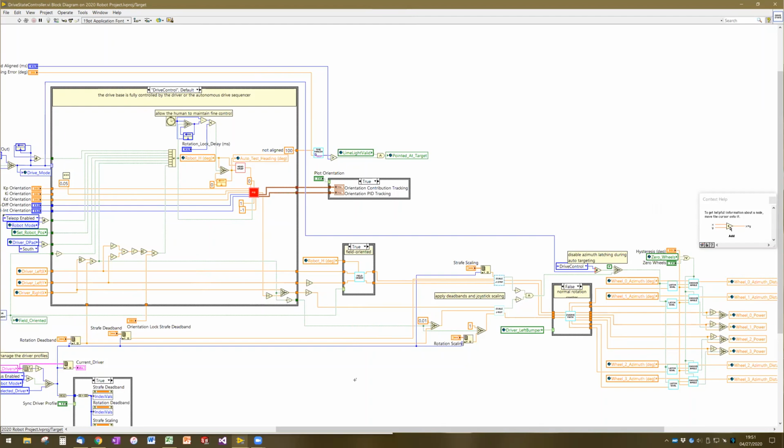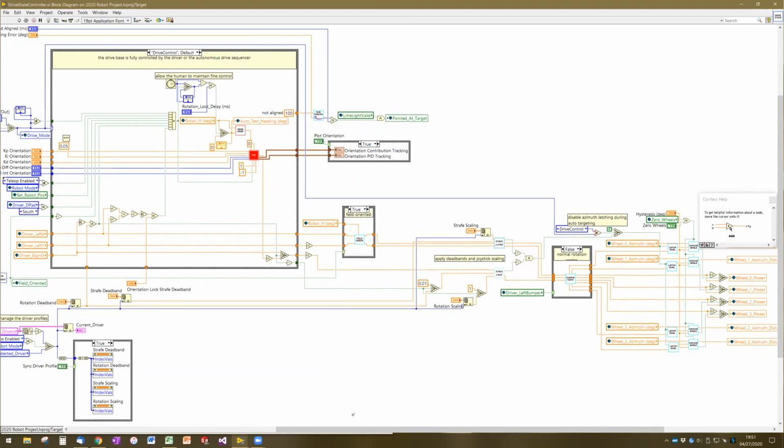And because sometimes we don't know ahead of time which driver is going to be driving, or we want to be able to change quickly if we need to, we have the ability to have a different driver profile. So we can select different drivers who are driving, and that will change the values that are being used for either the deadband or the scaling values.